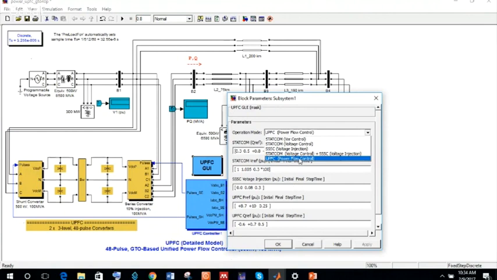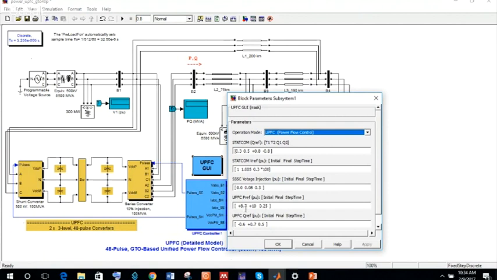Now we will see this power flow parameter only, because we have already discussed STATCOM and SSSC. So here we have kept in this power GUI the UPFC power flow control. Then we should set the parameters as desired, and within the rating of the UPFC.